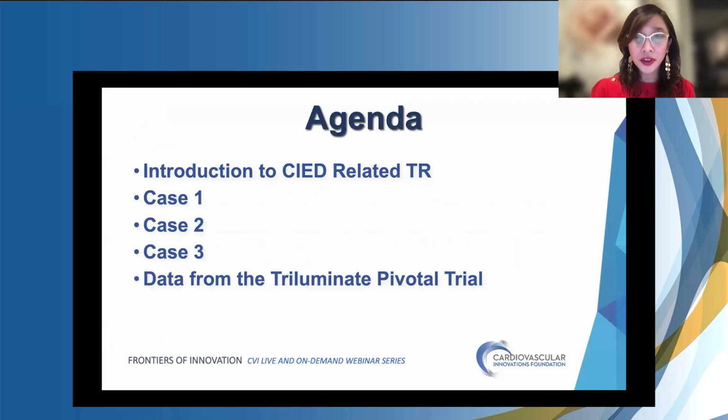We'll go through 3 great cases by not only myself and Paul, but also by Matthew Price and also Steve Romero. And then lastly, we'll close off with data presented by Dr. Hursh Naik at the recent TCT this year, just a month ago, from the Triluminate pivotal trial with regards to patients who underwent TriClip and had CIED-related TR. So the data from that is really exciting.